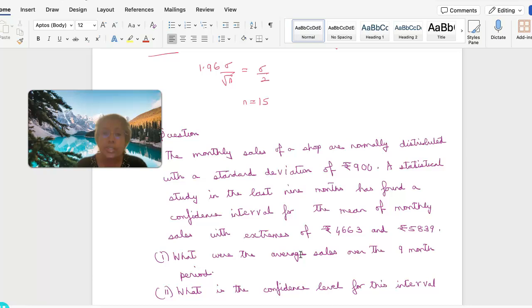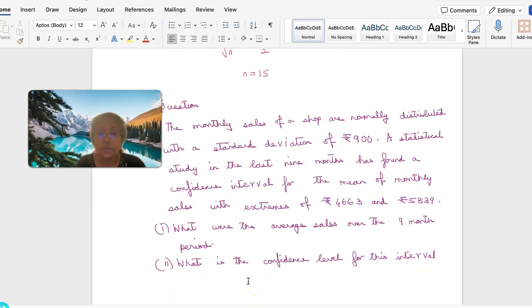Coming to the last question, the monthly sales of a shop are normally distributed with a standard deviation of rupees 900. A statistical study in the last 9 months has found a confidence interval for the mean of monthly sales with extremes of 4,663 and 5,839. What were the average sales over the 9-month period? And what is the confidence level for this interval?